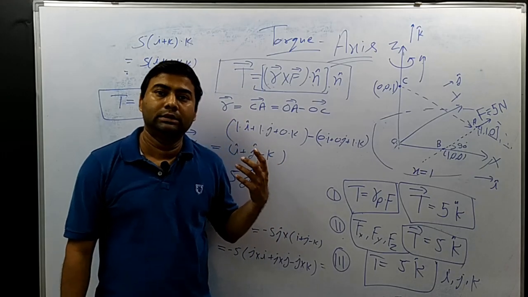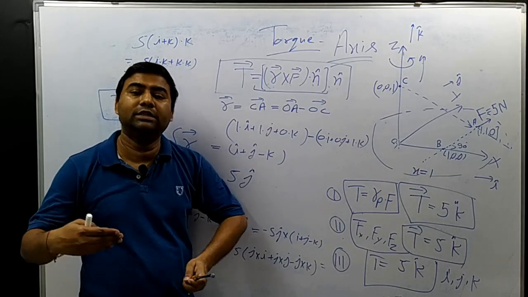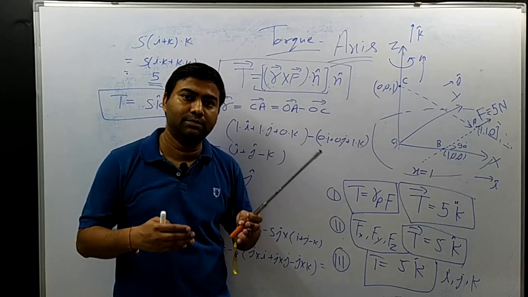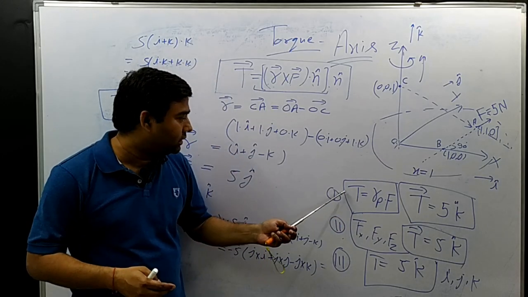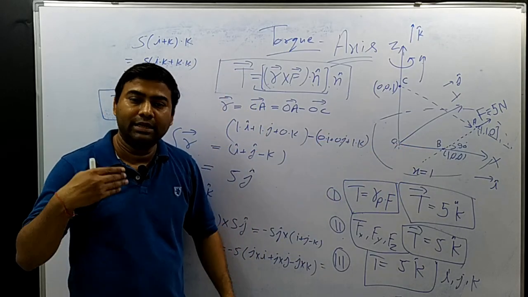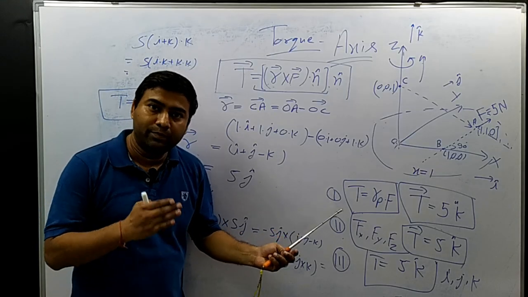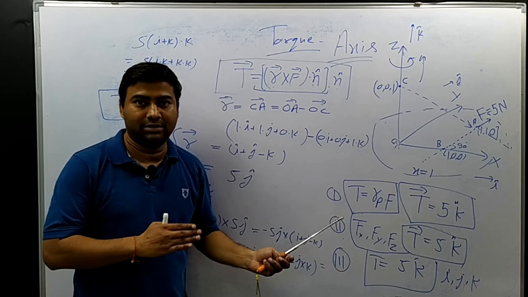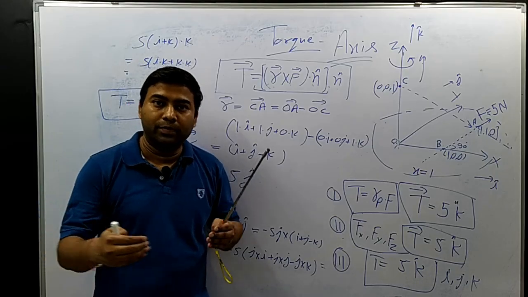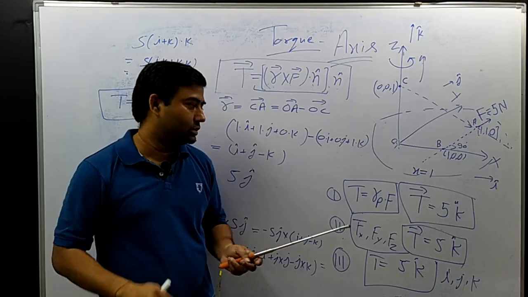So here we have found the torque of this simple force about the z-axis with three different methods, just for illustration and conceptual purpose. The example is very simple to understand. First of all, we found the torque of F about the z-axis by a simple technique: the torque of a perpendicular force on an axis, not intersecting the axis, is equal to the perpendicular distance between axis and force into the amount of force.